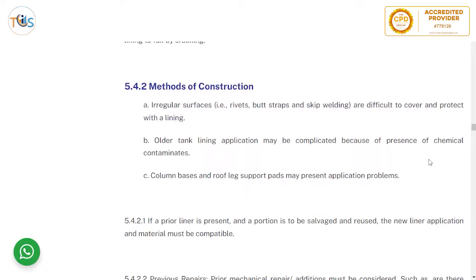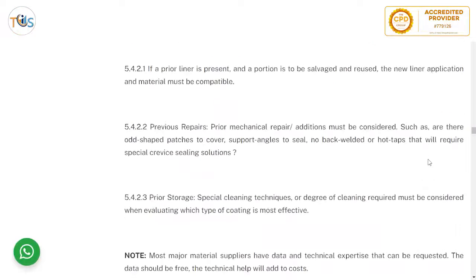Older tank lining application may be complicated because of the presence of chemical contaminants. Column bases and roof leg support pads may present application problems. If a prior liner is present and a portion is to be salvaged and reused, the new liner application and material must be compatible.